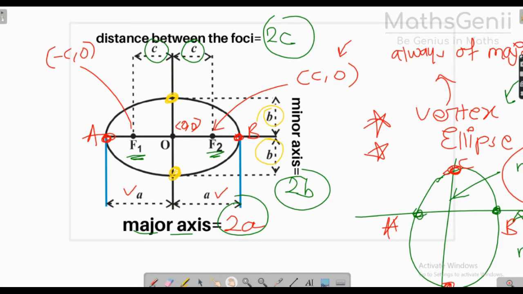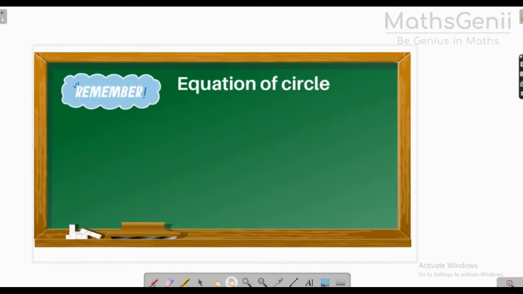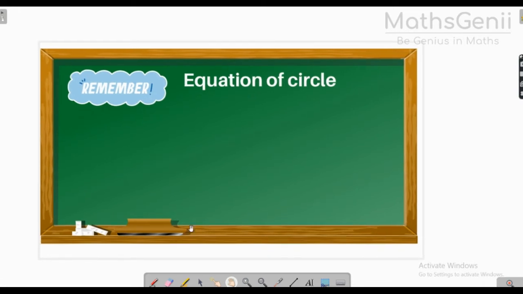Let's move ahead to the equation. As I promised, we are going to use our knowledge of the circle for the ellipse. What was the equation of the circle that you have been studying since 10th standard? It's x square plus y square is equal to r square. Now I will tell you the same thing applies for the ellipse. How?